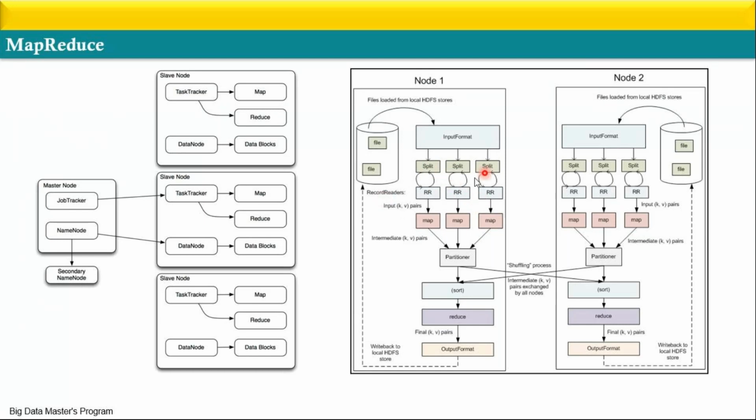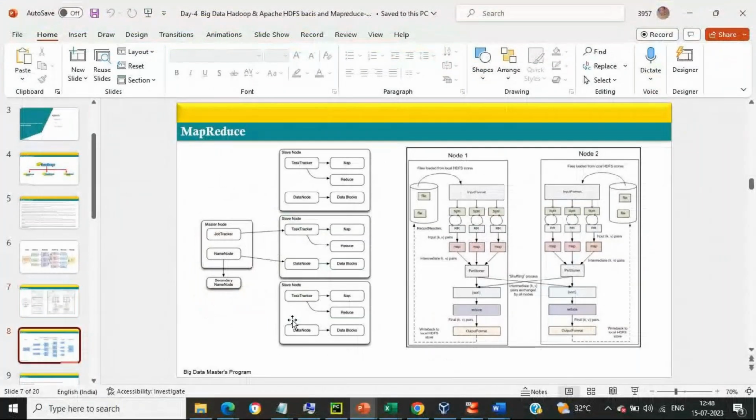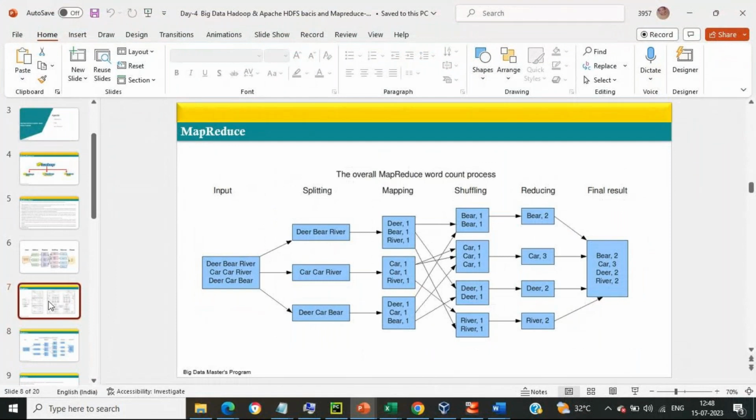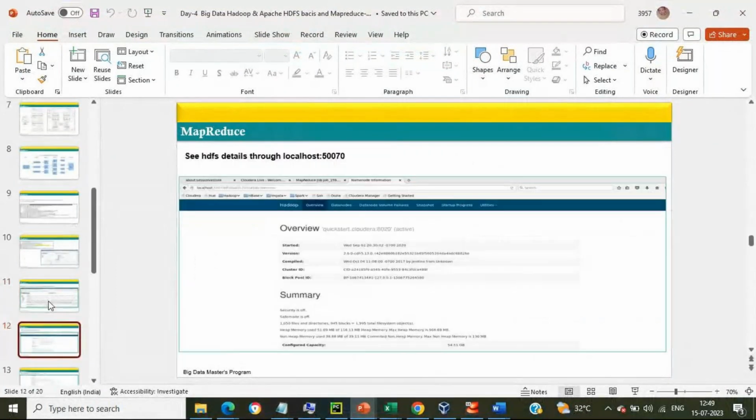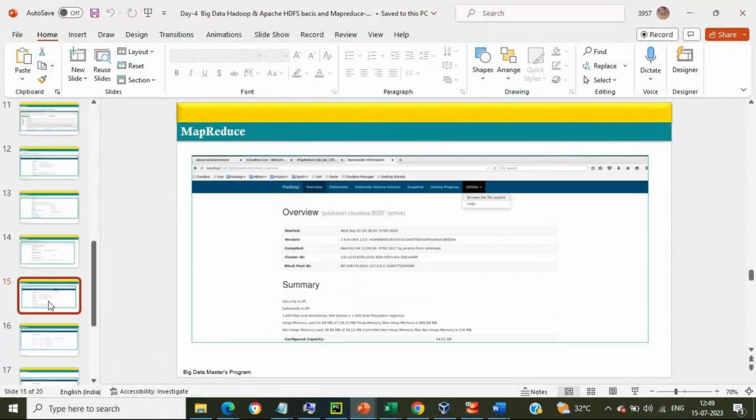For the learning perspective, to understand the MapReduce concepts, there are two or three programs that we need to understand, and based upon that we will be able to get the information on how things are working. So you can go through the recordings. I have gone through these particular programs. If you get stuck somewhere, you can ping me.